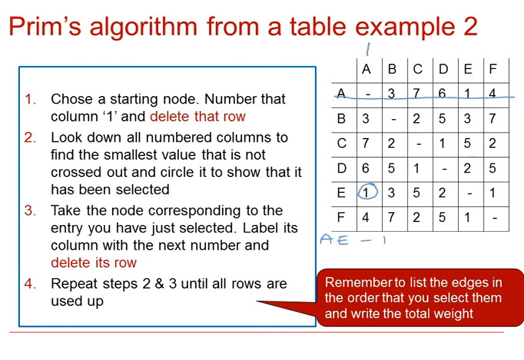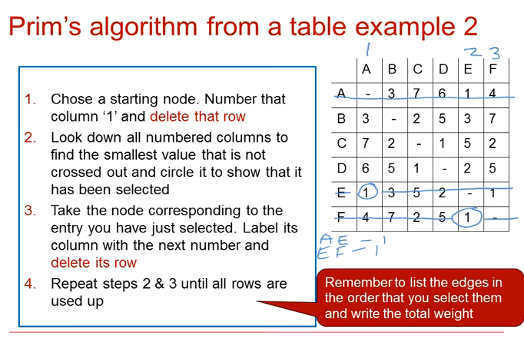I'm not going to draw the network as I go along this time because I haven't got room, but generally speaking I would choose to do that in the margins. So E then becomes a 2. I look down the 2 columns and I see that the smallest one is EF. So F gets a 3, and then I delete that row.